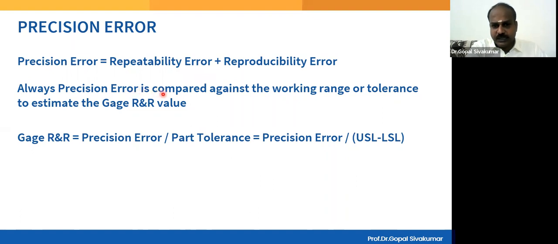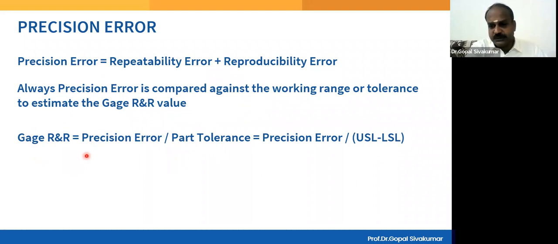Precision error is always compared against the working range or the part tolerance to estimate the gauge R&R value. So what is gauge R&R? Gauge repeatability and reproducibility. The gauge R&R is nothing but a ratio between the precision error and the part tolerance. Precision is the numerator, tolerance is the denominator, and this is called the precision tolerance ratio.